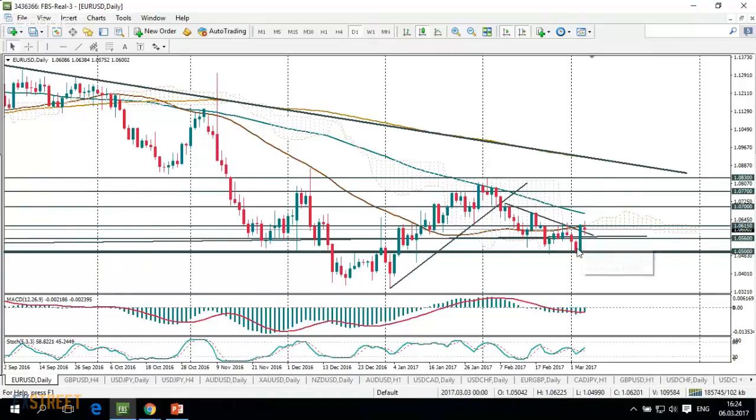Support level is currently located around 105.60 ahead of 105, which is once again strong support, and the euro can test a 100-day moving average on the upside, which is located at 106.72. Currently the pair is trying to get above the 106.15 mark. 107 is also a resistance.